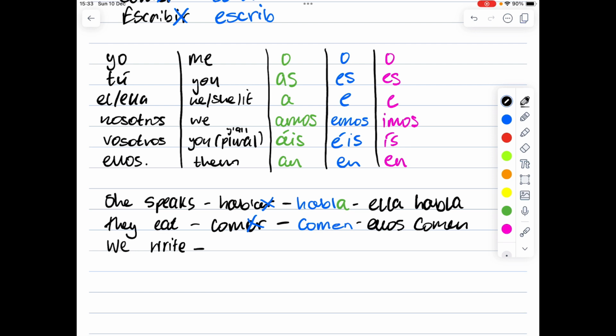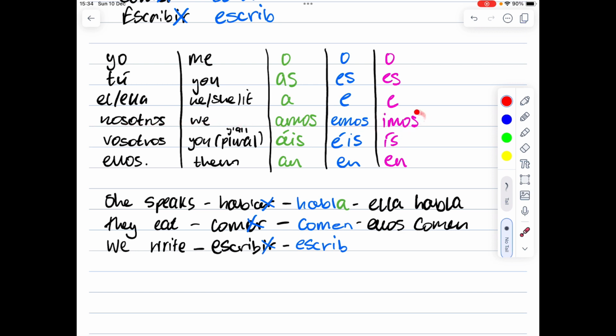We write, well, I know the verb to write is escribir. What's my rule? Chop off that IR. Rewrite it without it. So escrib. I'm going to come back to my table here. And I am going to take a look at the nosotros section, because that's we.